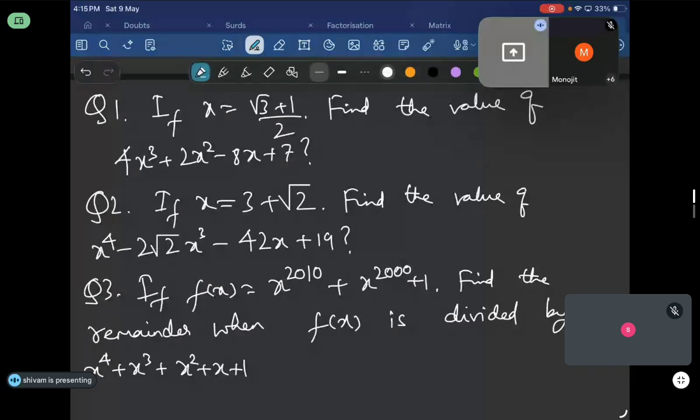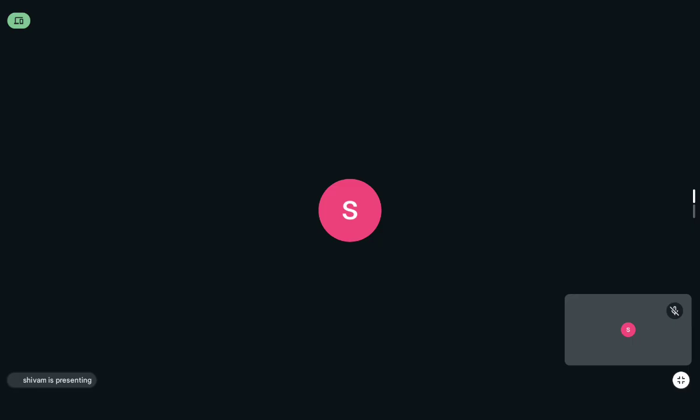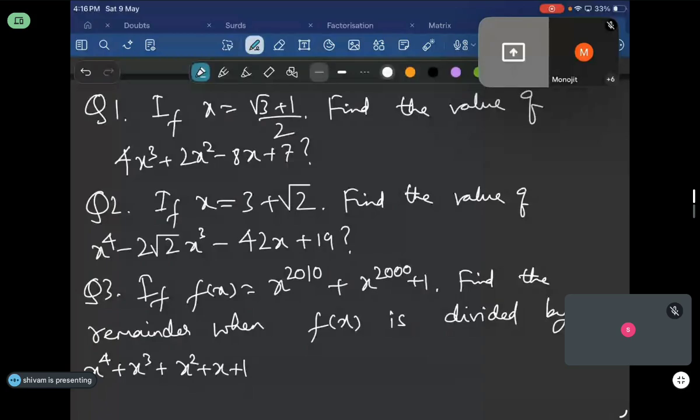If you are having a problem in replacing, you can also divide and get your answer. Satyaki, right answer? Shumani, right answer? Okay. So I'm solving, everyone.